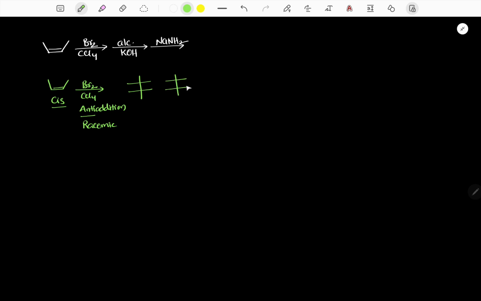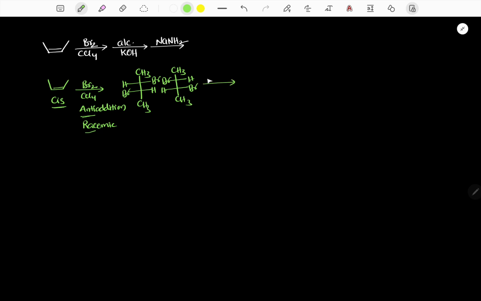Simple racemic mixture: CH3, hydrogen, Br. Cis compound, anti-addition, racemic mixture, and the corresponding enantiomer with 2 methyl groups, Br, hydrogen, Br. So this is a racemic mixture.